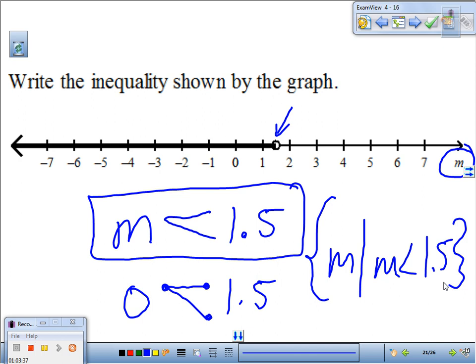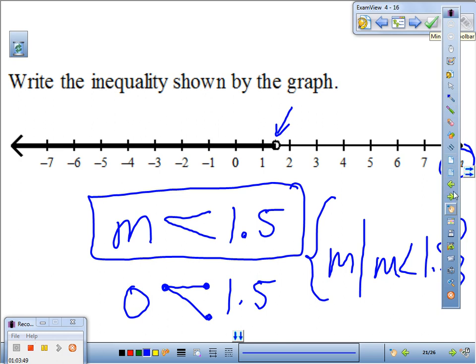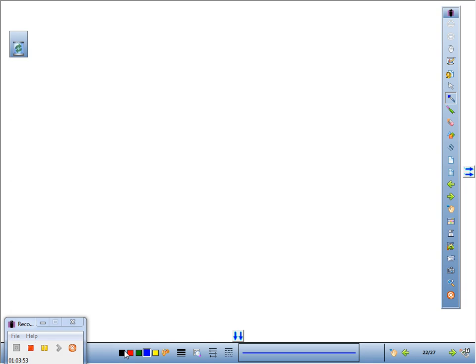Yes? Let's do another one of these, just to make sure we got it. Example 4Q. Example 4Q.